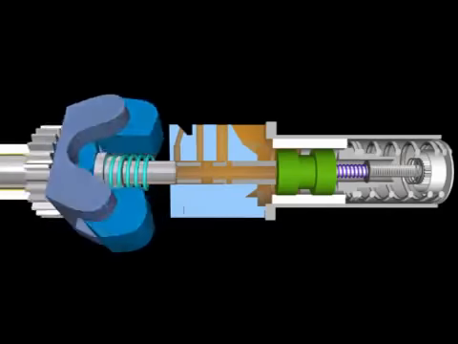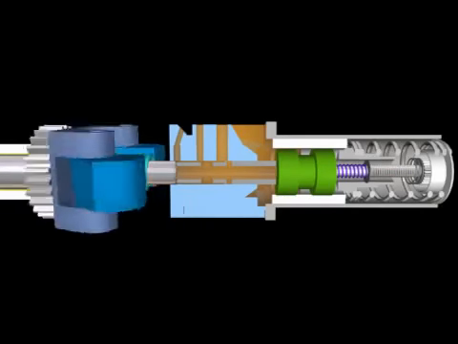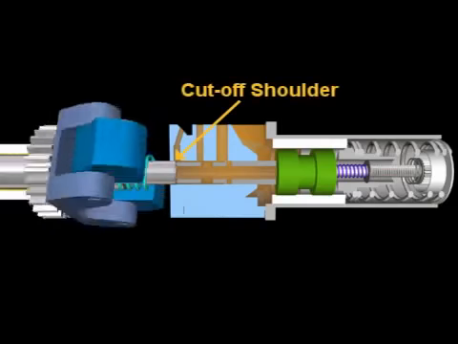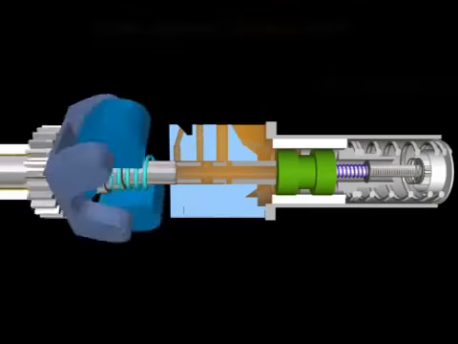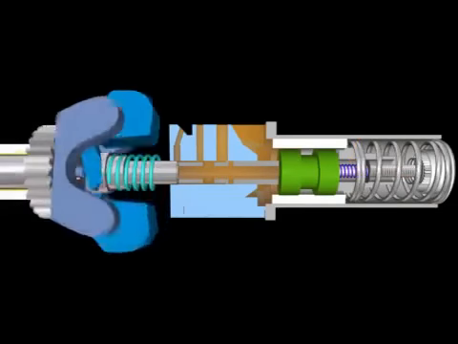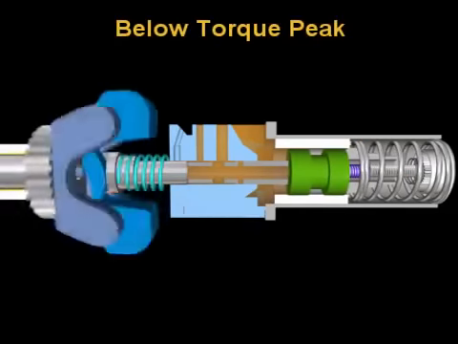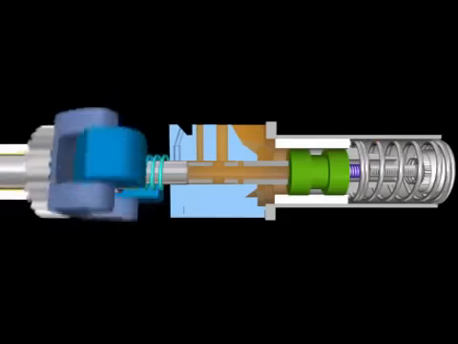The automotive governor controls idle governed speed and maximum speed by positioning the governor plunger cutoff shoulder over the appropriate fuel passage. Around idle speed, flyweight force is opposed by the idle spring. At speeds close to but below torque peak speed, the flyweight force is opposed by the governor spring.